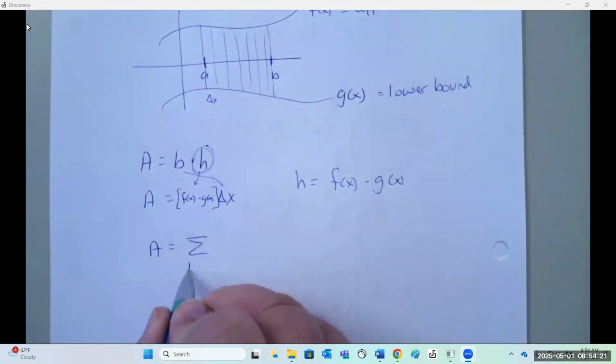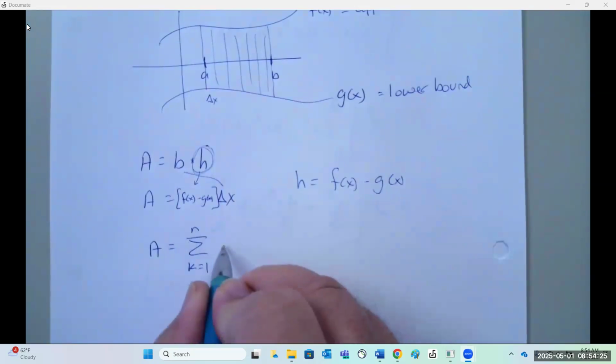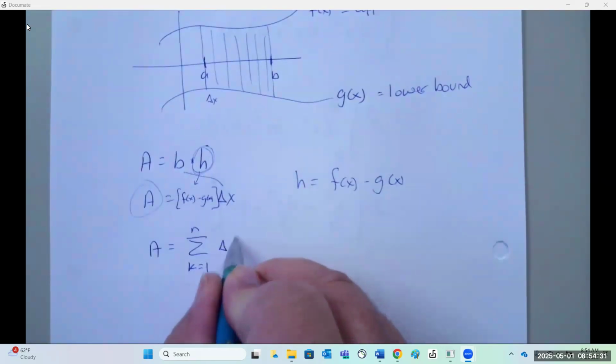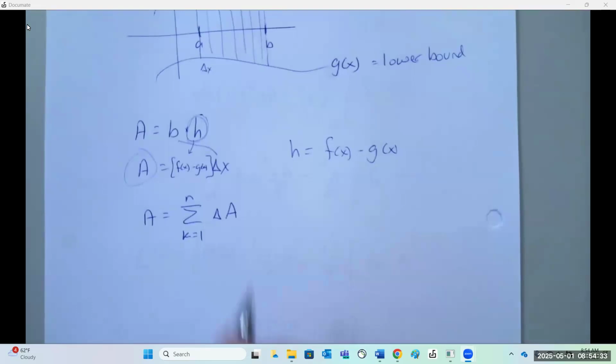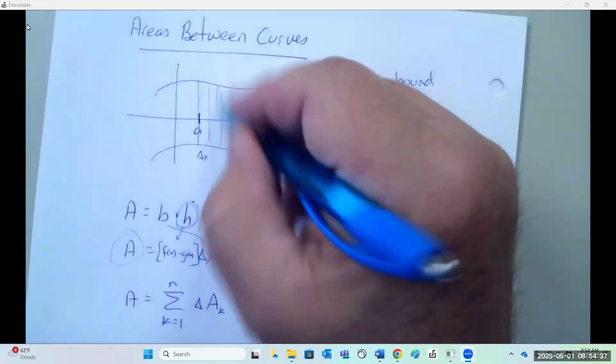So we have to add up all of those little intervals for each of these areas.